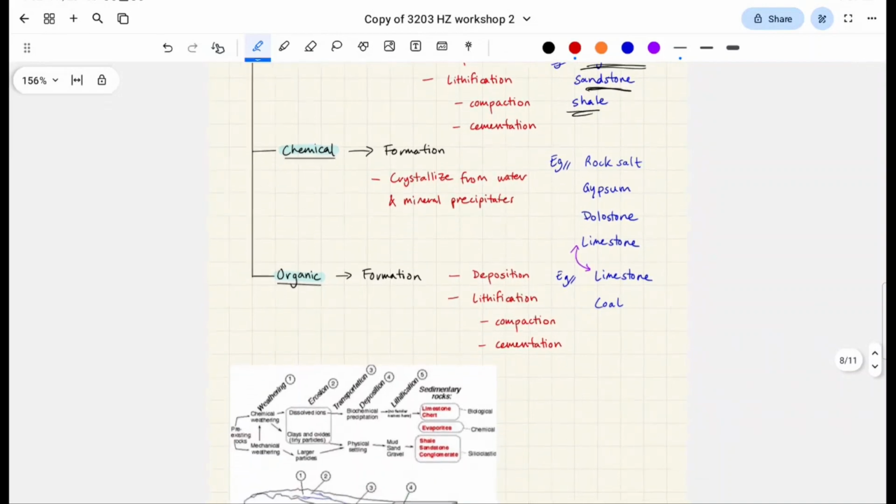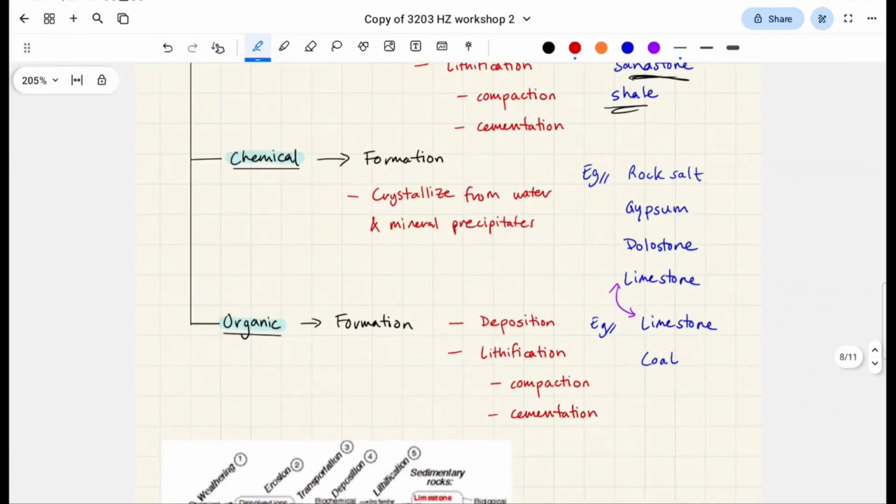Okay, and then chemical is basically when it's crystallized from water, it's just like the precipitate, which becomes your mineral. So rock salt. I've included this one because in my head, this visualization makes the most sense. Rock salt is from a precipitate of water, and it just becomes a salt.